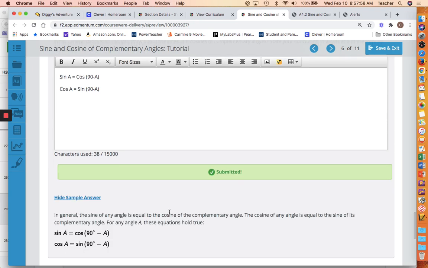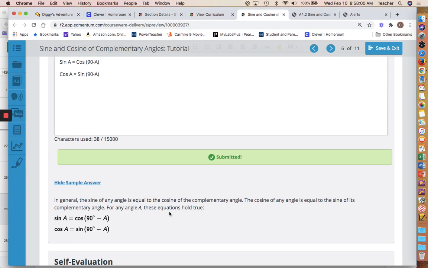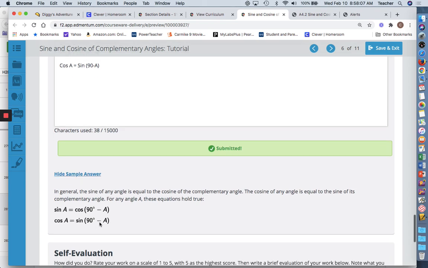Yes, they are. The reason why it's 90 minus A is because these two angles add up to 90 degrees. That's what complementary means.